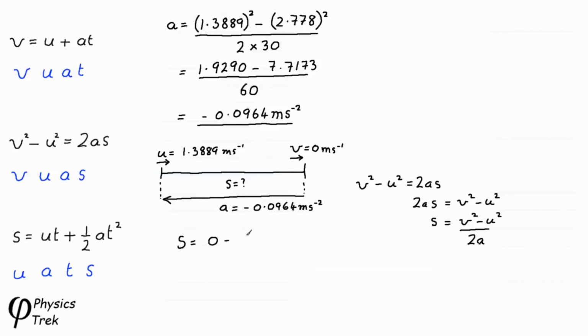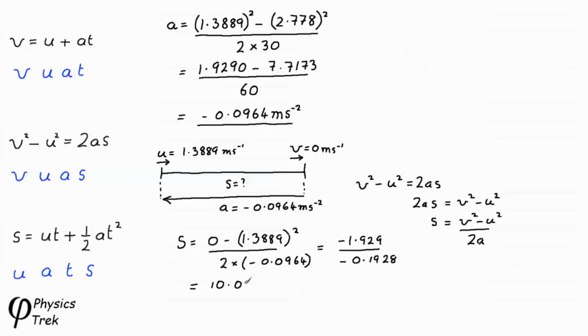S is equal to 0 squared, which is 0, minus 1.3889 all squared, divided by 2 times minus 0.0964, which comes out to minus 1.929 divided by minus 0.1928, which gives the value of S to be 10.0052.